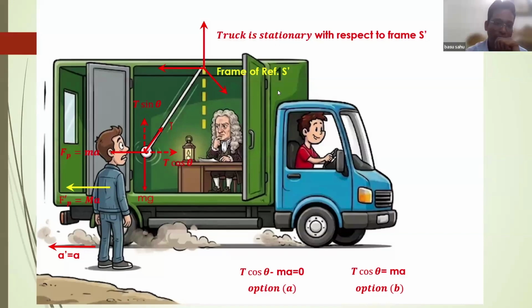Okay. Suppose look at this particular door. This door can move with respect to this S dash frame because it is loosely connected. If it is rigidly connected, then there is no need to apply pseudo force, because we have assumed this truck as stationary.